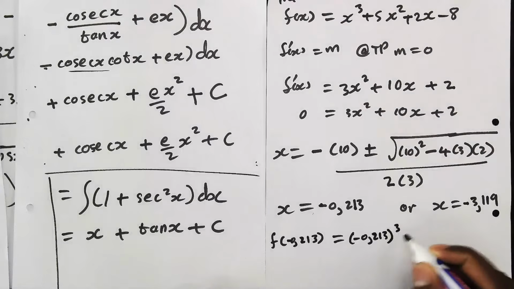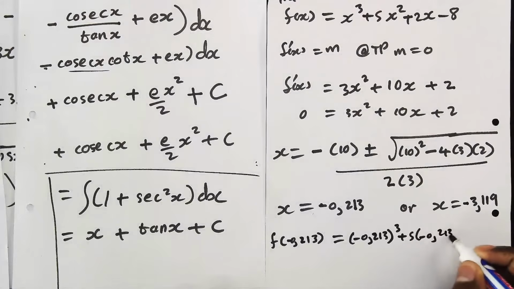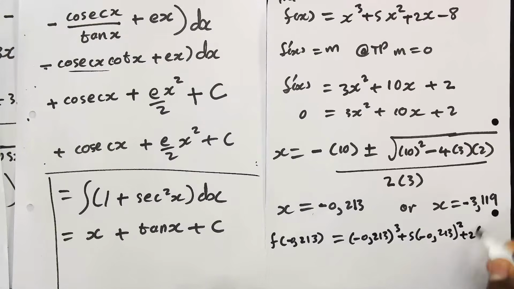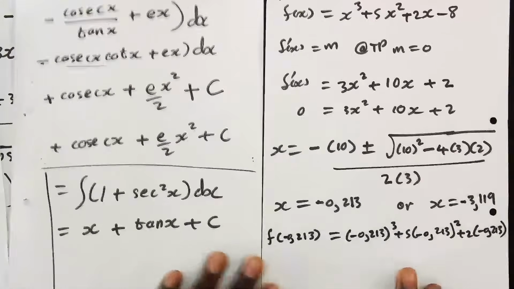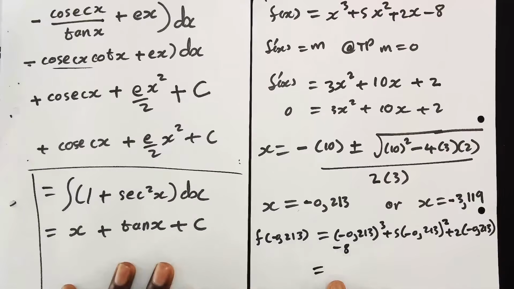Negative 0.213, all squared, plus 2 into negative 0.213, minus 8. So what is the solution?